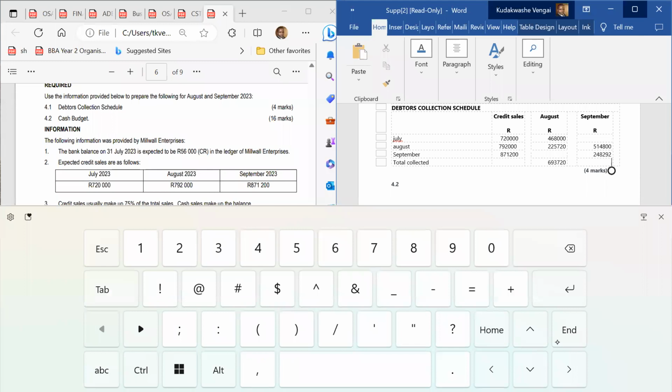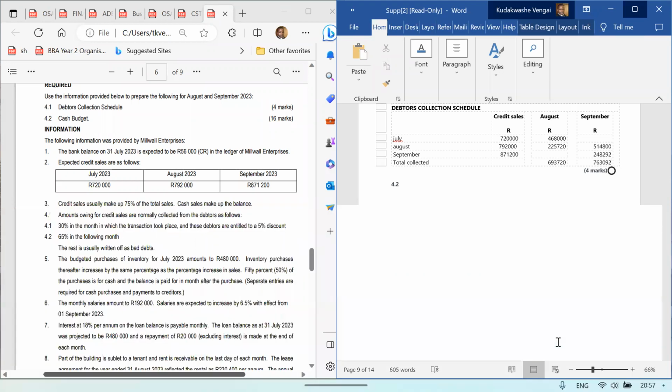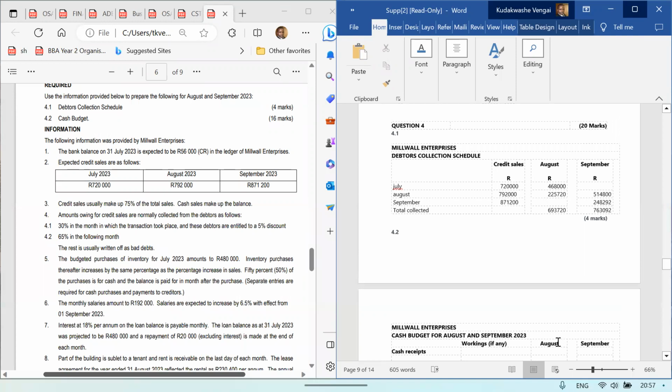And then we add for September, which is 514,800 plus 248,292. And that gives us 763,092 as our total collected. So once we've done that, we have completed the data collection schedule. So we get all of our 4 marks from the things that we've done there.